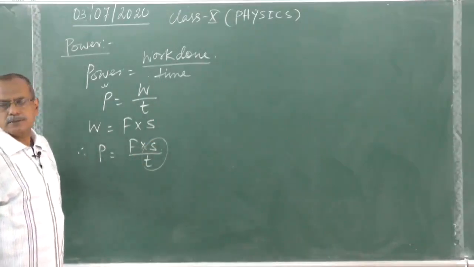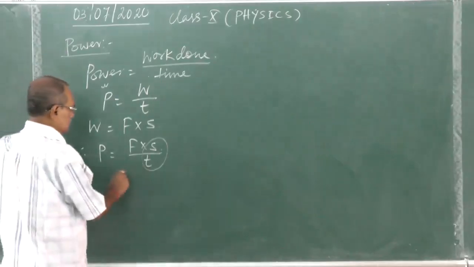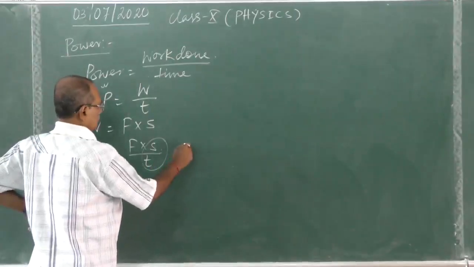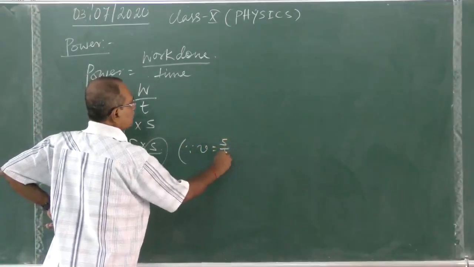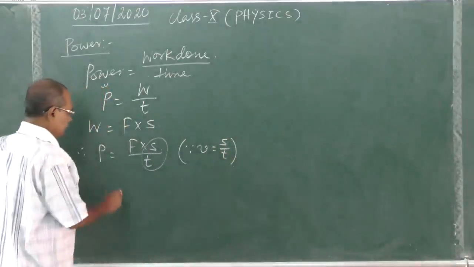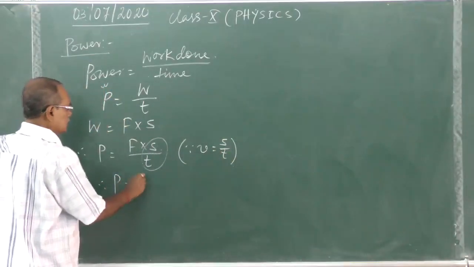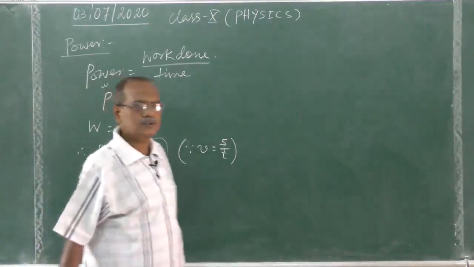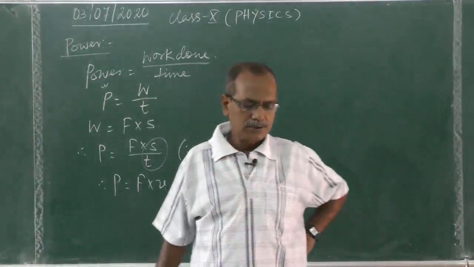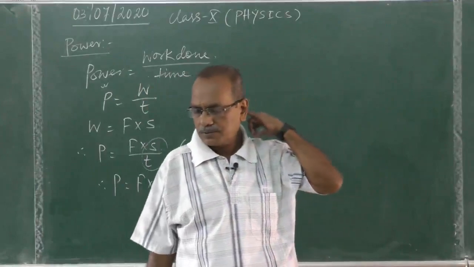That is average velocity V is equal to S by T. So therefore power is equal to F into average velocity, force into average velocity. This is the other way to find out.